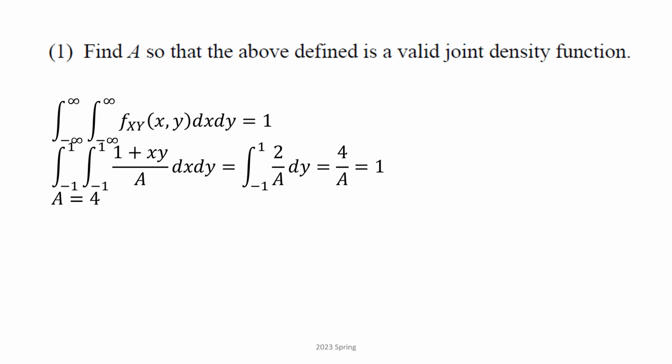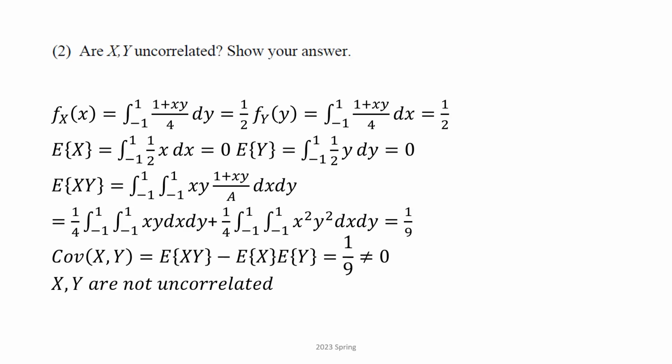It equals the definite integral from negative 1 to 1, of the definite integral from negative 1 to 1, of (1 + xy)/a dx dy, and it equals the definite integral from negative 1 to 1 of 2/a dy, which equals 4/a, which equals 1, so a equals 4.